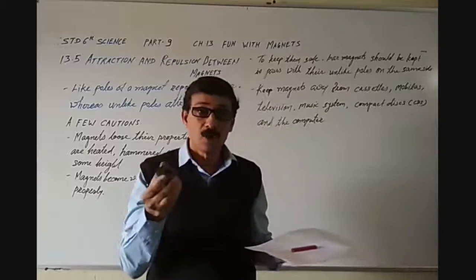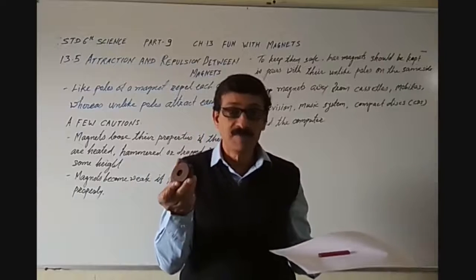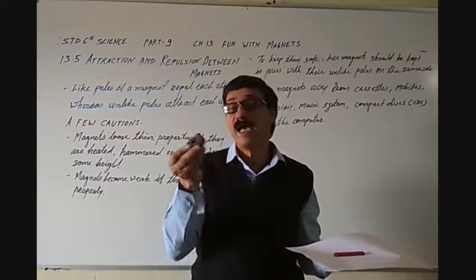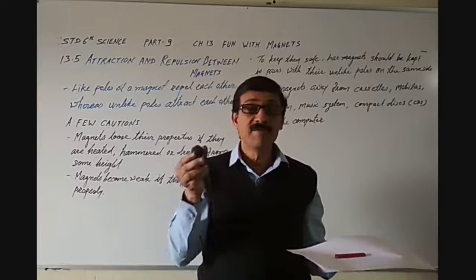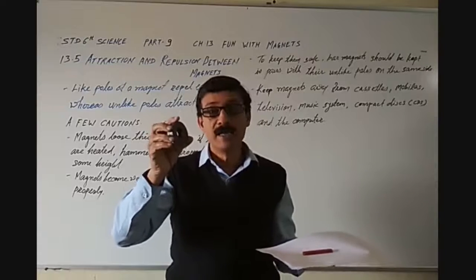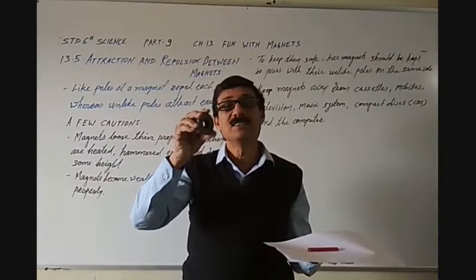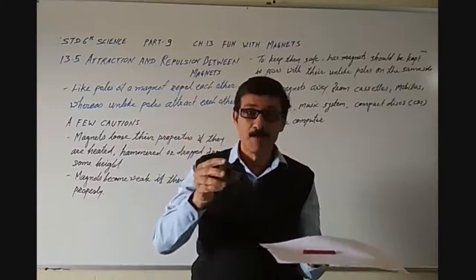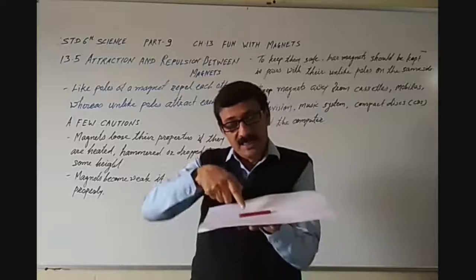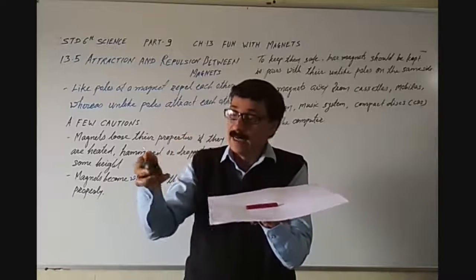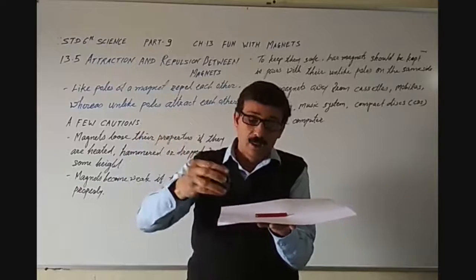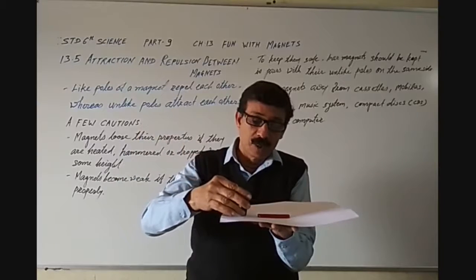If I bring unlike poles together, then they will attract each other. And if I bring any side of this one and it does not attract, that means those are like poles. Okay, so let's do it like this. Here you can see there is the north pole of this magnet, and I am bringing this side towards this magnet. Let's see what happens.